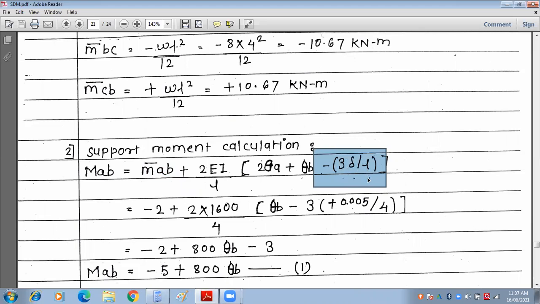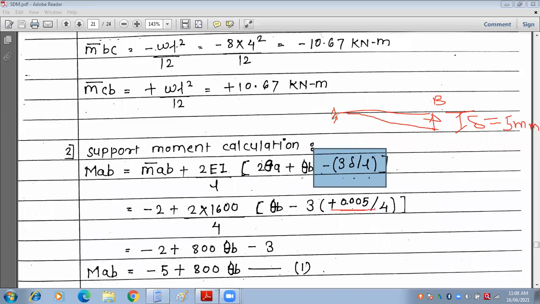Now which support sinks down? As we have seen in this figure, support A is on the left side and support B to the right side, and support B sinks down by delta, 5 millimeter. Support B is the right side support, therefore this value must be taken as positive.